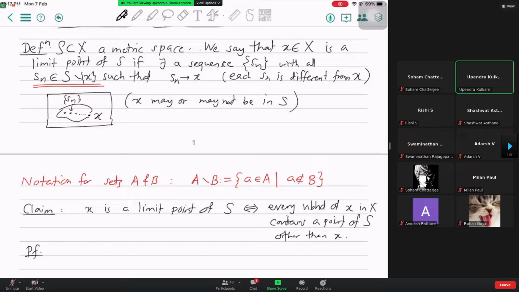So is the claim clear? The definition of limit point is made in terms of sequences, but now I'm trying to cast it in terms of topology. So I'm simply saying that every neighborhood of X contains a point of S other than X.